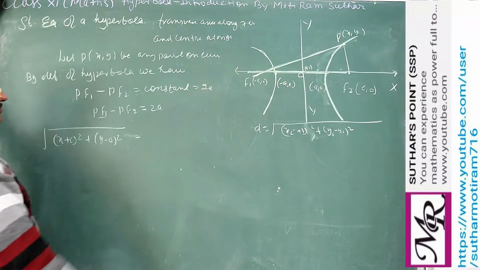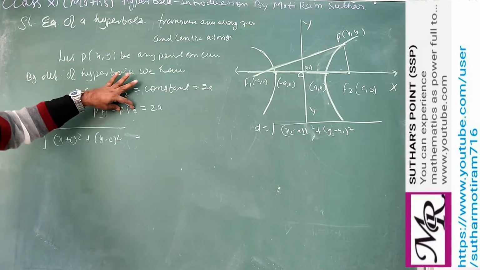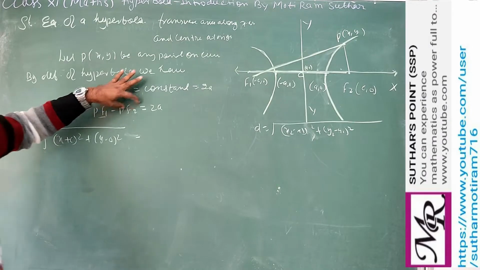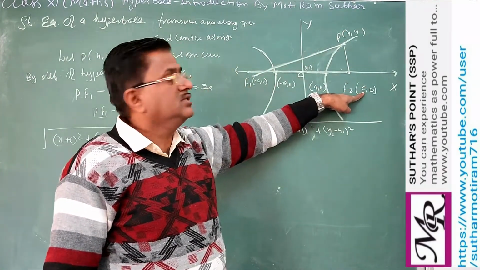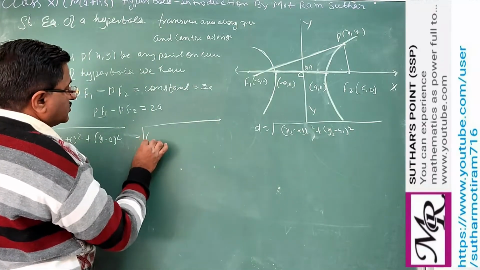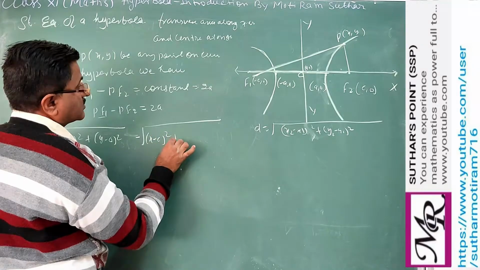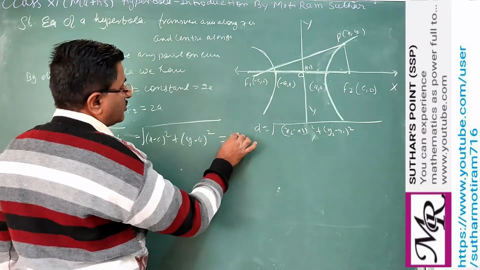This is PF1. Similarly, using the distance formula, one can find PF2, so root of (x minus c) whole square plus (y minus 0) whole square, and the difference is equal to 2a.